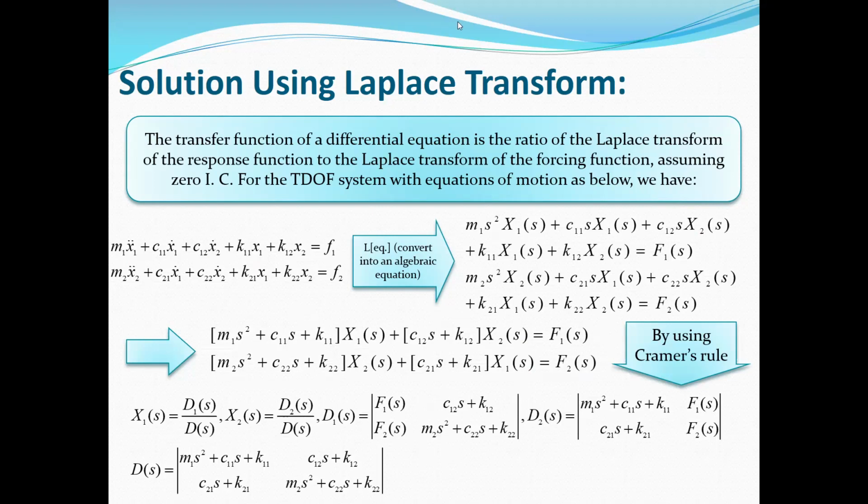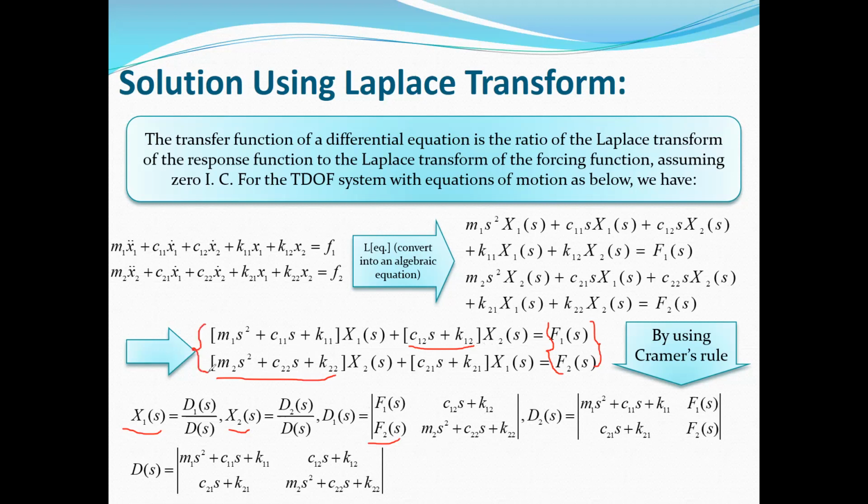Here you can see X1 is equal to D1 divided by D, and X2 is equal to D2 divided by D. For D1, you form a matrix whose first column is the non-homogeneous vector, F1 and F2, because we are calculating X1, and the second column is the coefficient of X2 in the second equation.